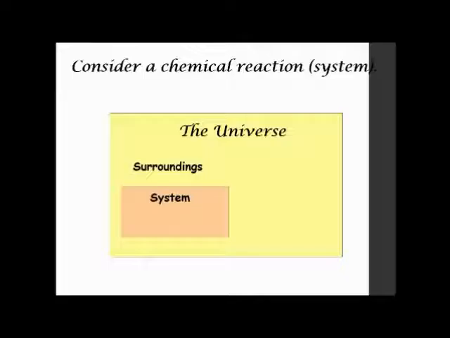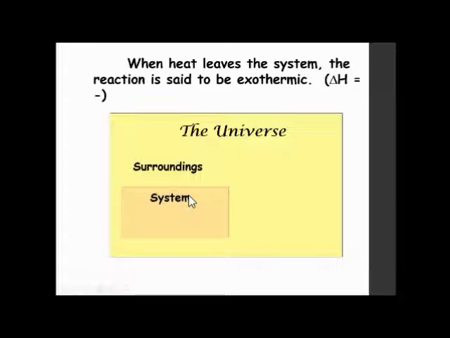Now consider a chemical reaction system. The small box you can see is the system, and the rest is the surrounding. Both the system and surrounding together make the universe. When heat leaves the system, that means the system exerts heat, it is known as an exothermic reaction.